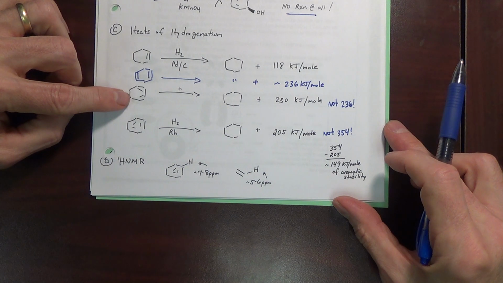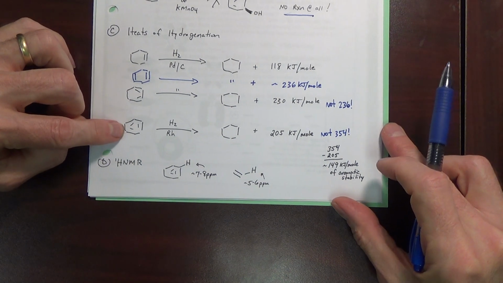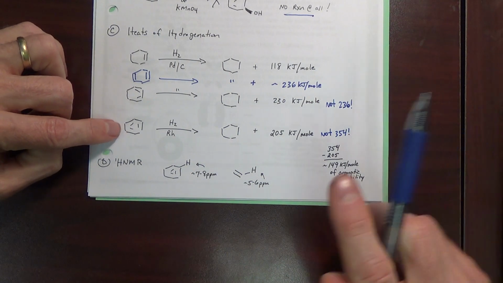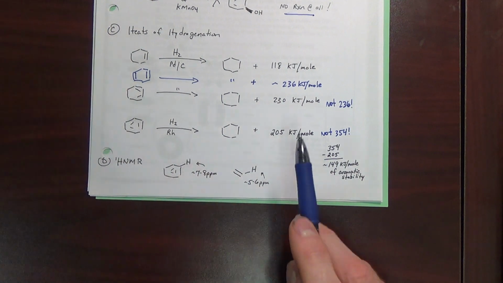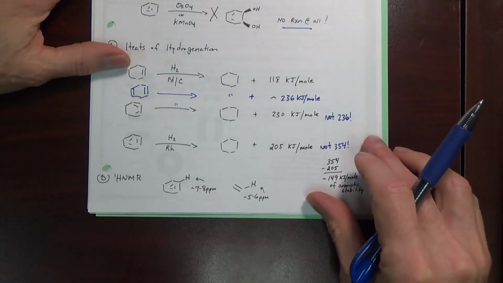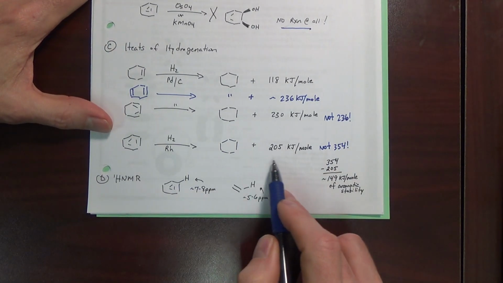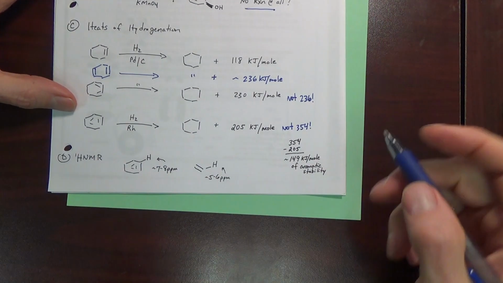All right. Once you put the 3rd pi bond in there, we become much more stable than we anticipate based on it just being alkenes. This illustrates unusual stability. We're also starting to quantify aromaticity. Okay?